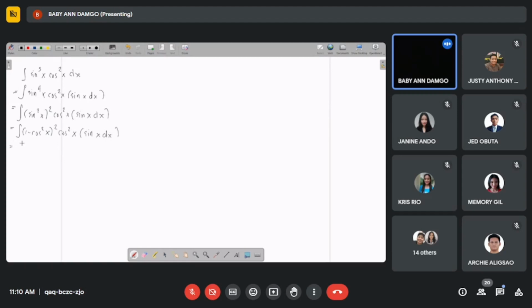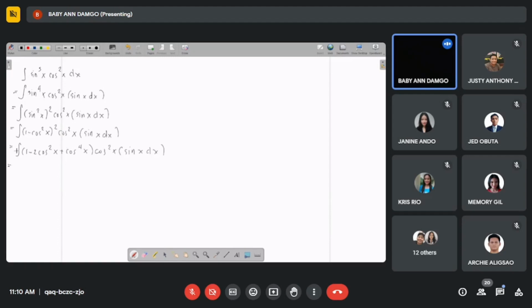Okay? So, this is equal to, so ato ni siya expand, so we have 1 minus 2 cosine squared x plus cosine to the fourth x times cosine squared x times sine x dx. Okay, so the sum or difference of integration is the integration of the sum and difference.